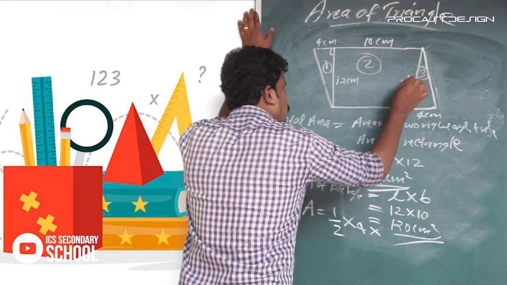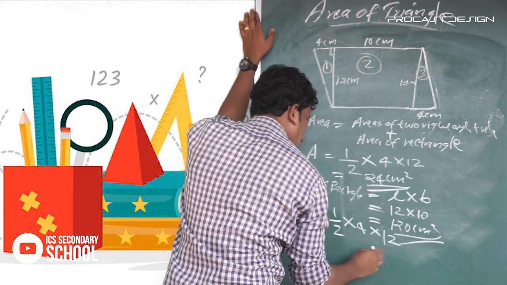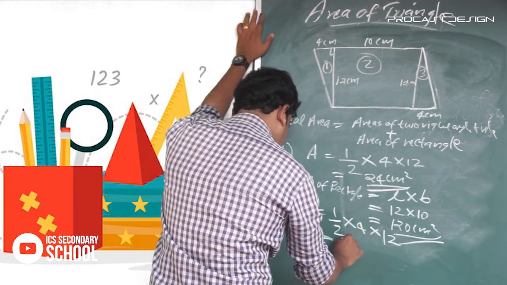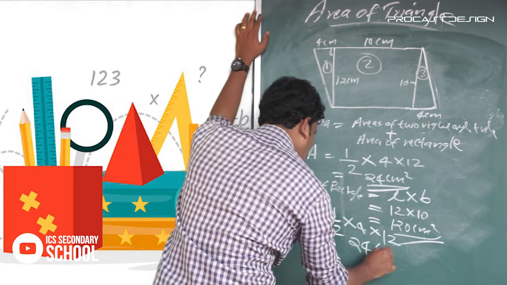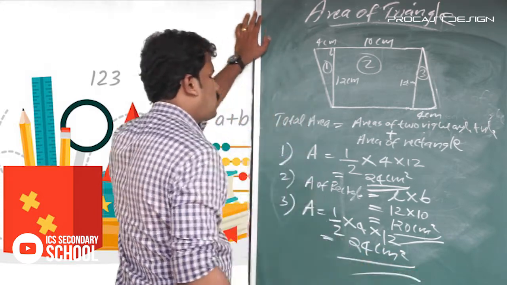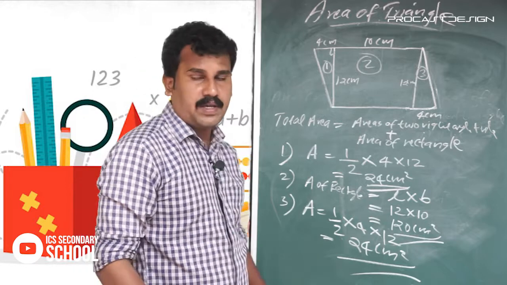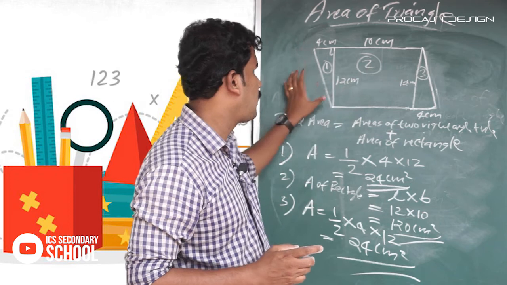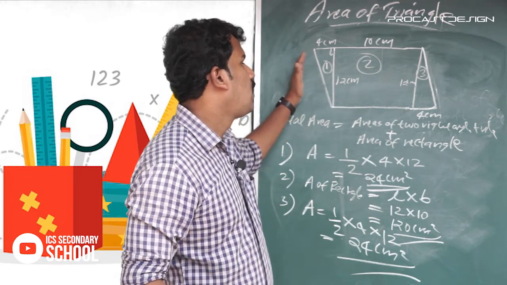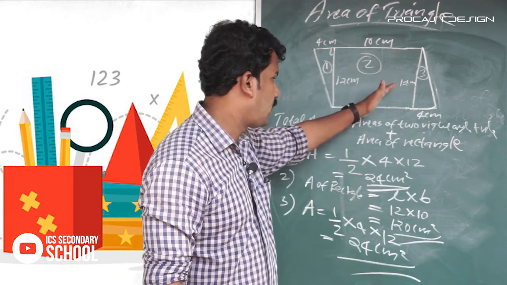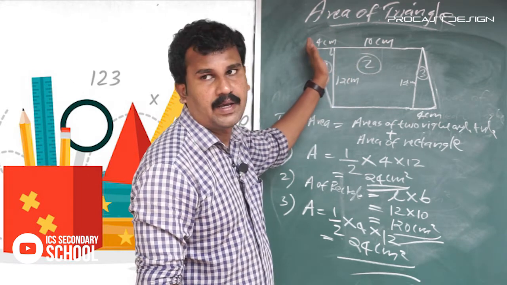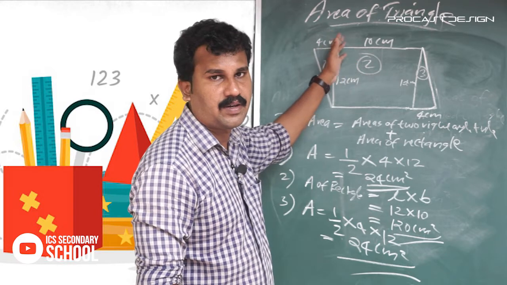So half into 4 into 12 is equal to 48 by 2, that is equal to 24 centimeter square. So here the total area of this figure means the sum of the areas of two right angle triangles and the area of the rectangle.